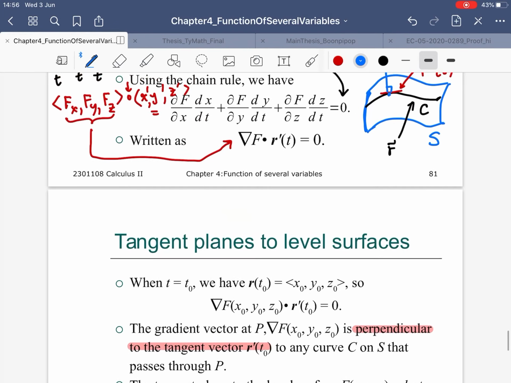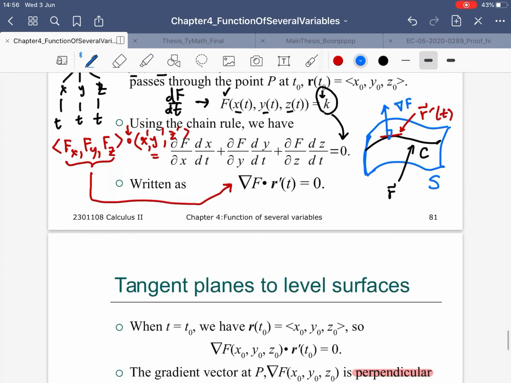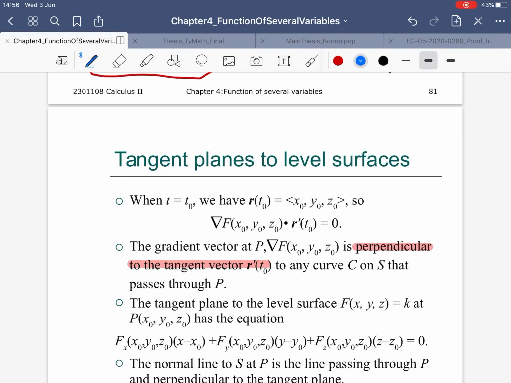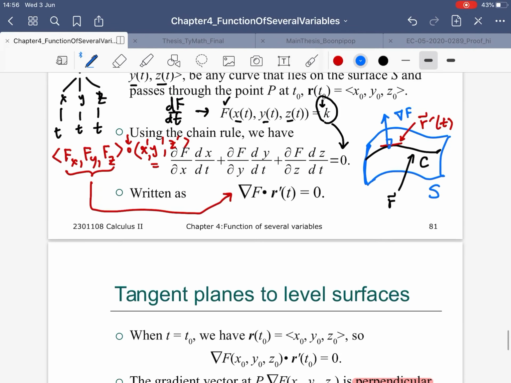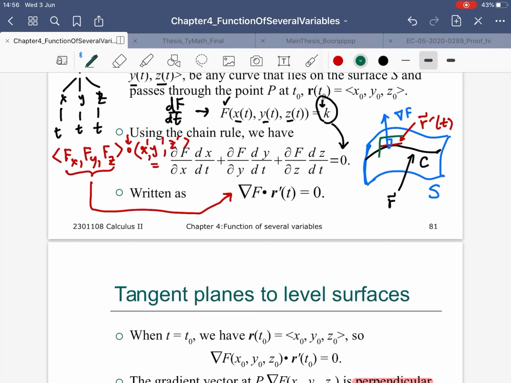So if we can find some vector that is perpendicular to this kind of tangent vector, what we can find is the so-called tangent plane, because right now, as you can see here, you can have a small plane that is touching or tangent to this surface at this particular point.